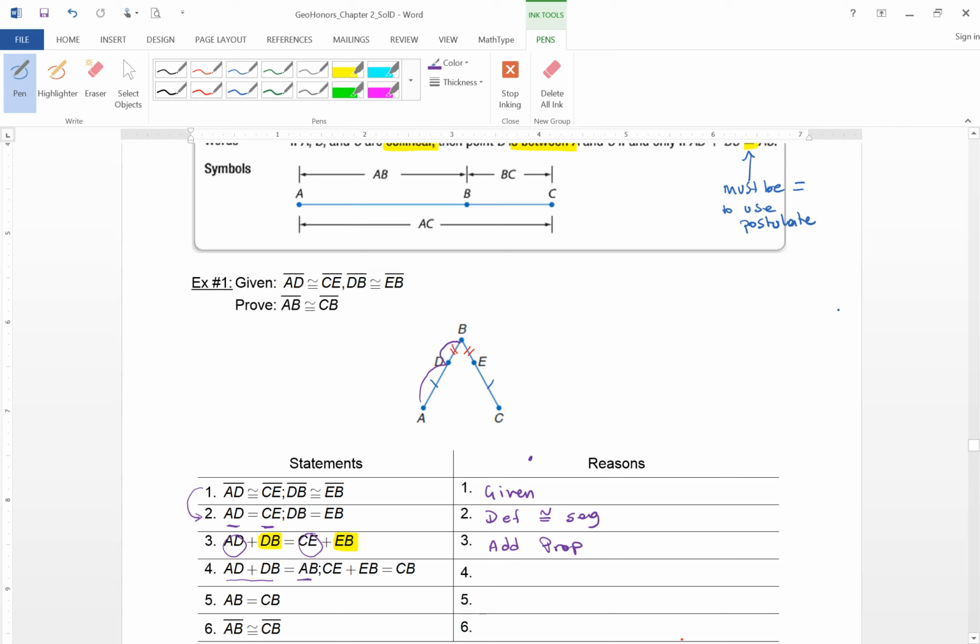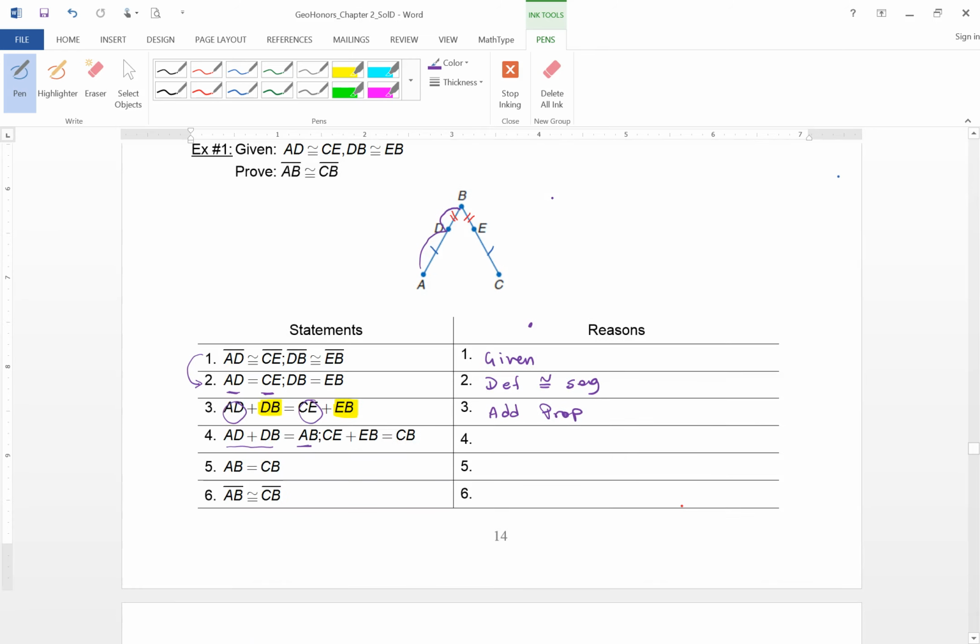Look at what the segment addition property said. I can take this part and this part, add them together, and get the whole thing, right? So this is segment addition property. And I did the same thing on this side. CE plus EB equals CB. So this is the segment addition property.